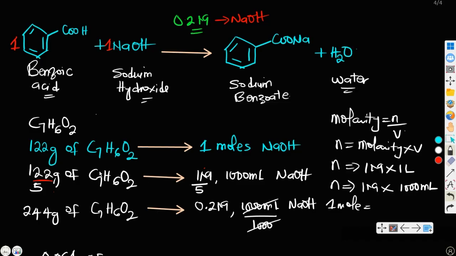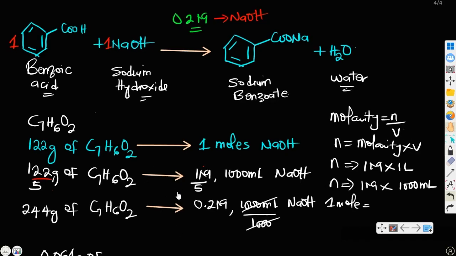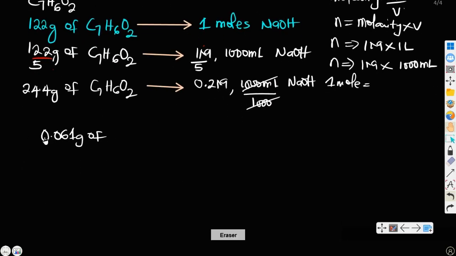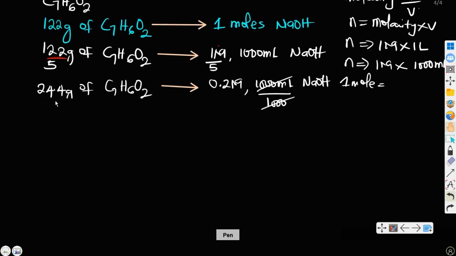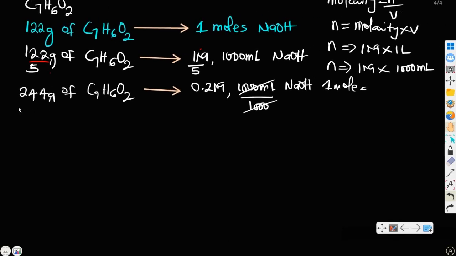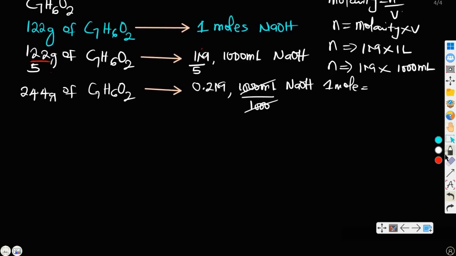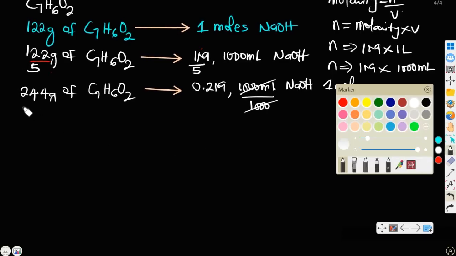Now, listen, the next step is we want to convert to the milli equivalent. To convert to the milli equivalent, we divide by 1000. So we've already divided here by 1000, you divide here by 1000.